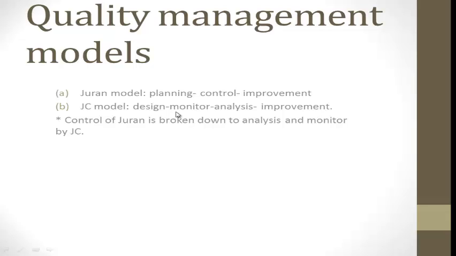A quick word here. Planning of Juran's model is the design part of the JCI model, so we're not going to explain those twice. Improvement of Juran's model is the same as improvement of the JCI model. However, the control part is broken down in the JCI model into monitor and analysis.